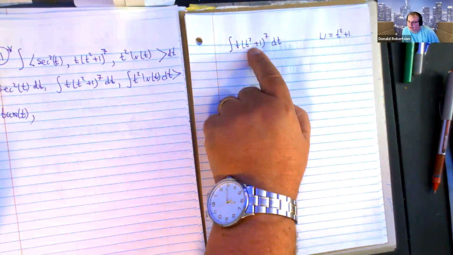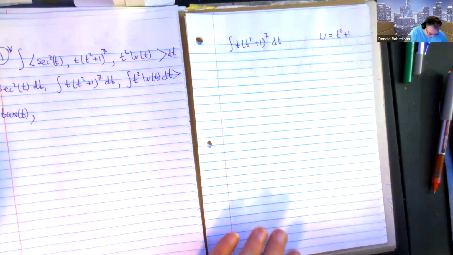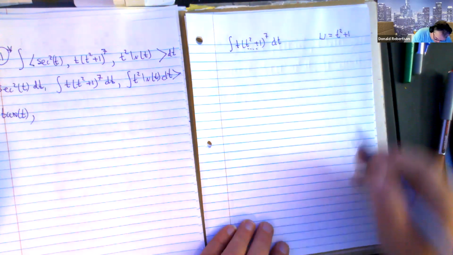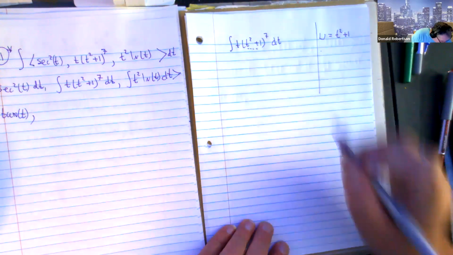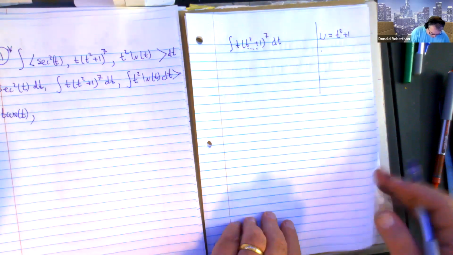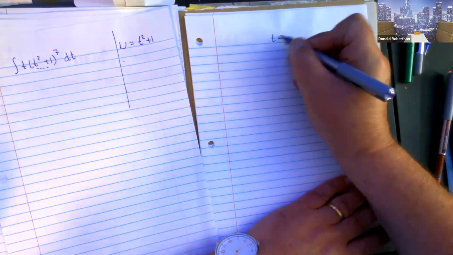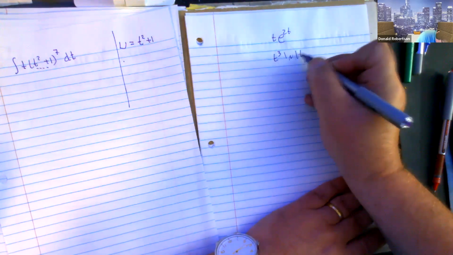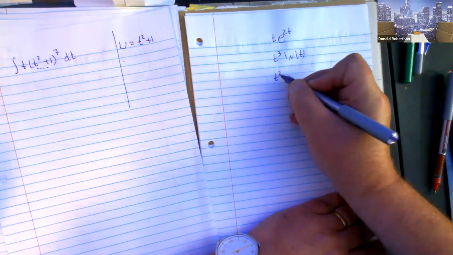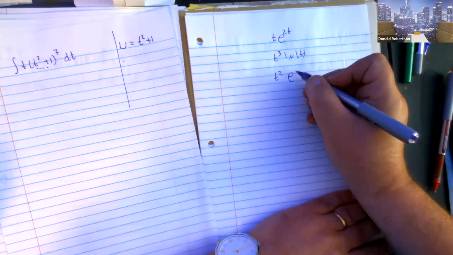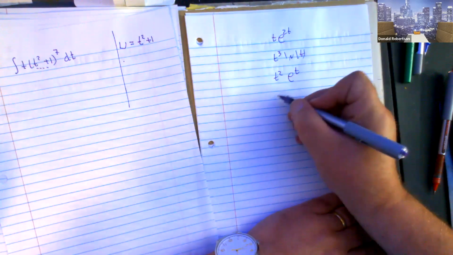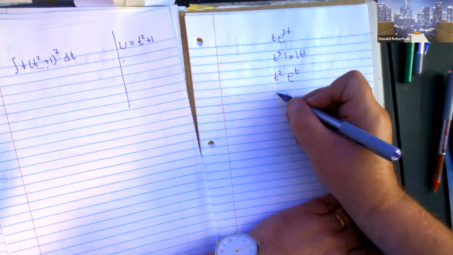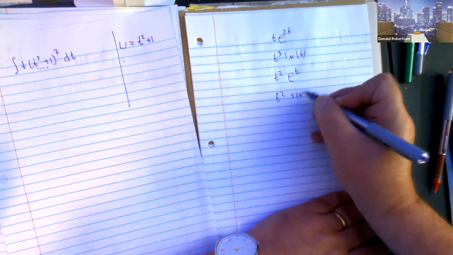The guy inside the brackets is a typical use of U sub, right? This guy here. So, a side issue. If you ever see t e to the 2t, t cubed log t, t squared e to the t, I've done that one. Oh, t squared sine t.